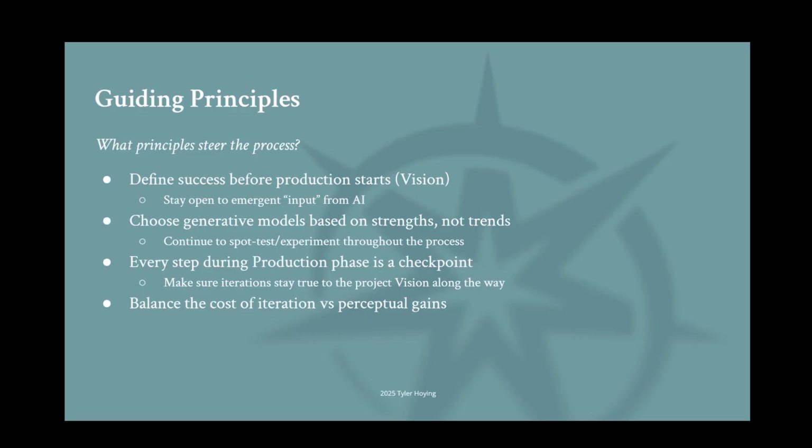Fourth, we have to take into account budget most of the time. If you don't have a budget, money isn't an issue, time isn't an issue, then congratulations. But for most of us, budget is a reality. So balance the cost of iteration versus perceptual gains.